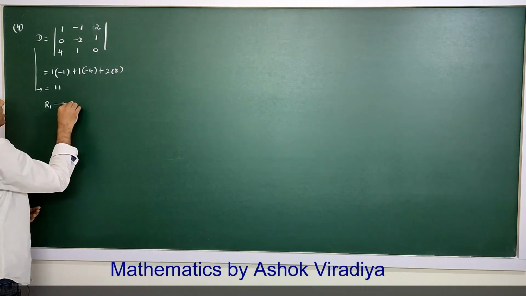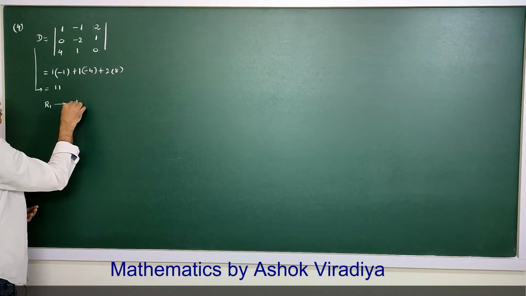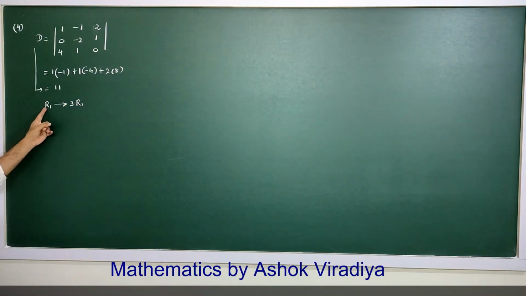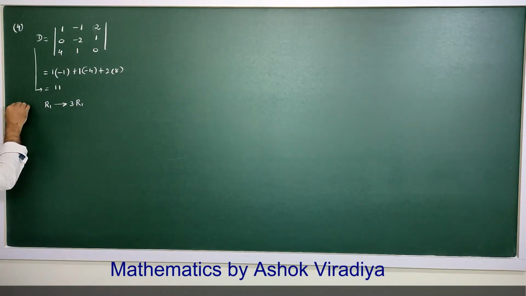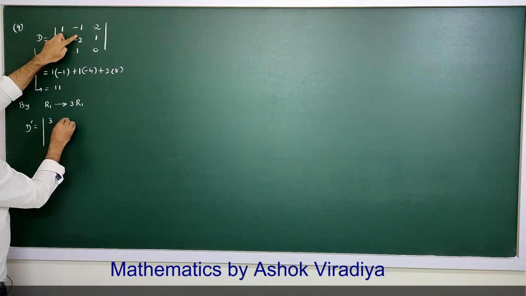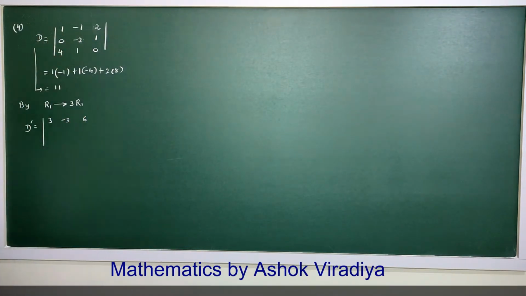So this will be 3 into R1. So elements of R1 are multiplied by 3. So by this operation, D dash is equal to 3 minus 3 6.